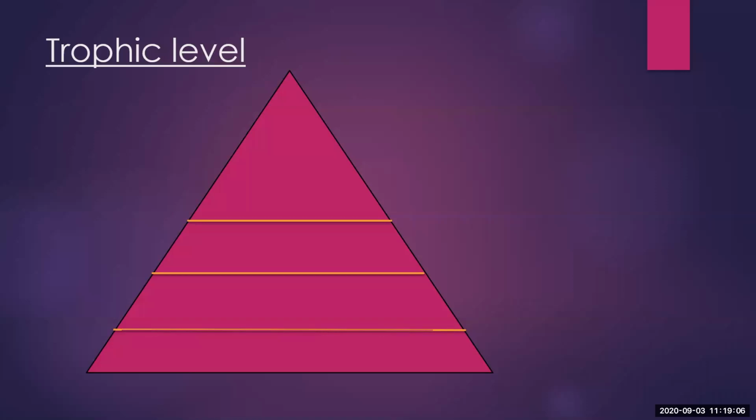As in the energy pyramid, we can see it is triangular in shape. At the lower level the base is wider, and at the top it is narrow. This is the form of energy flow: energy at the lower level is more, and gradually as we go up, it becomes less. The amount of energy will be lesser at the top.